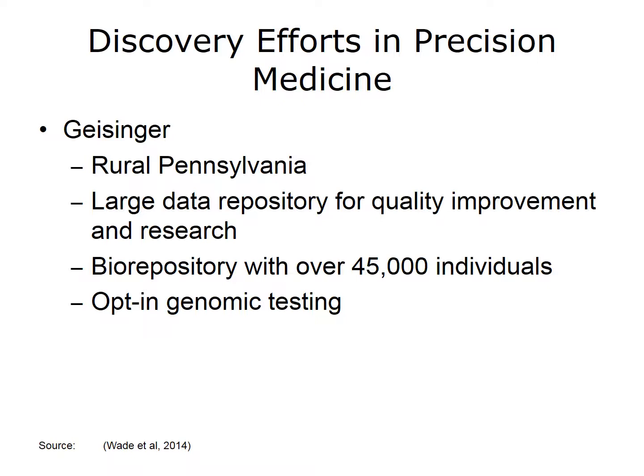Geisinger, a large integrated delivery system in rural Pennsylvania, has had an electronic health record since 1995 that includes a data repository for research and quality improvement. They started a biorepository in 2007 and have consented over 45,000 individuals. Individuals have to opt in to have their data included in the biorepository.